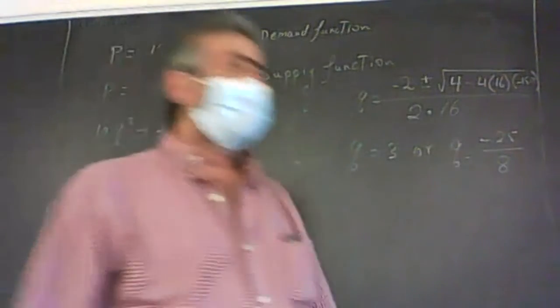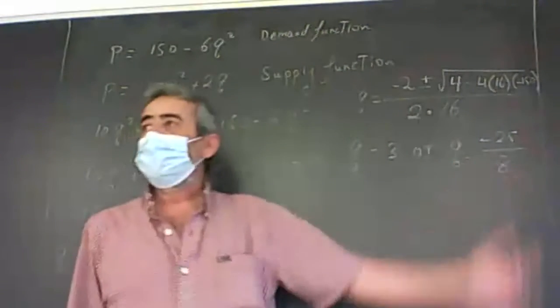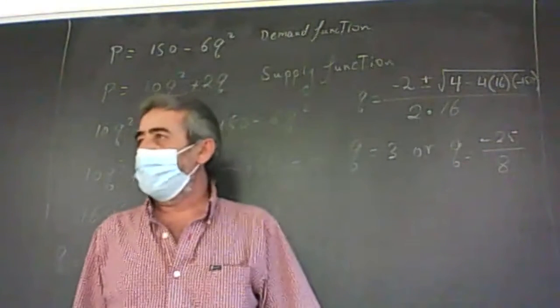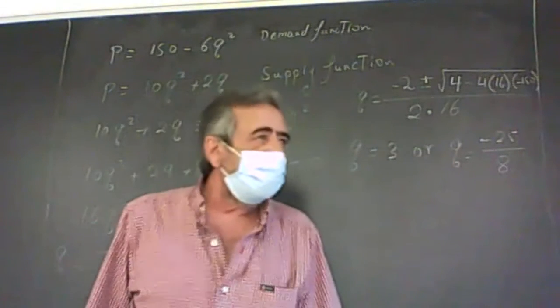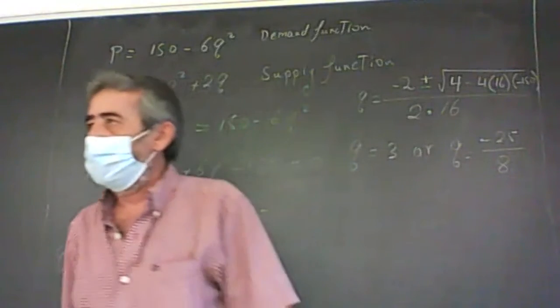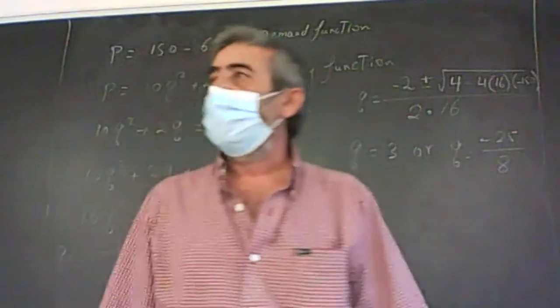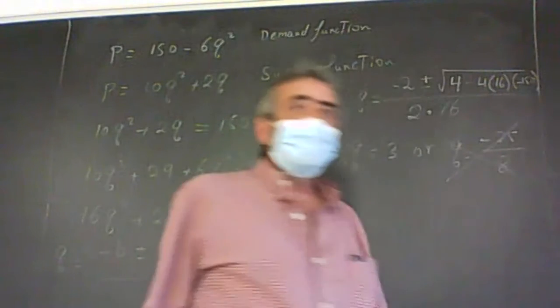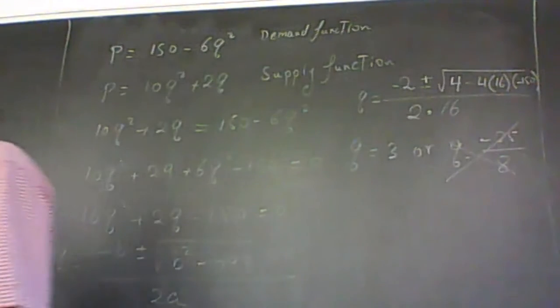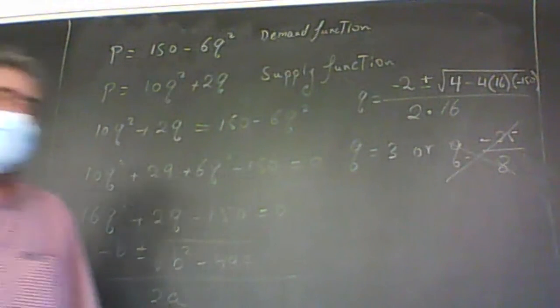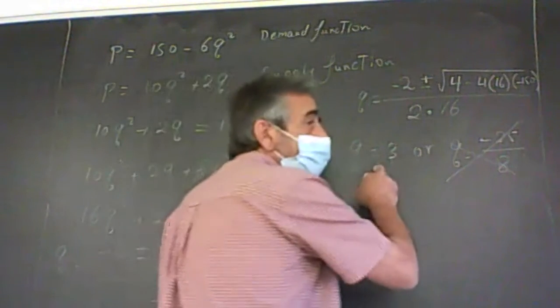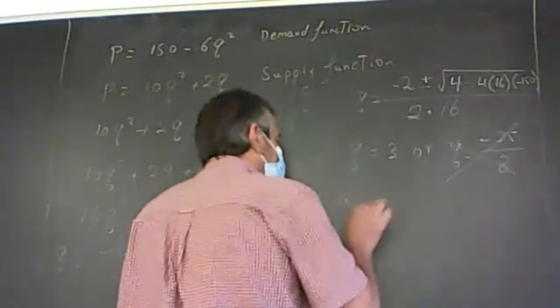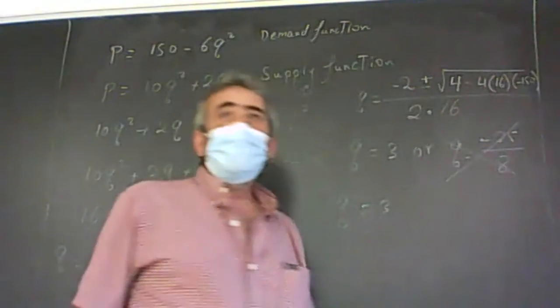Now, because Q is supply and demand, you can't have a negative supply or a negative demand, unless you have a recall. We're not looking at that scenario. So this is not possible. In order for equilibrium to exist, Q has to be 3.